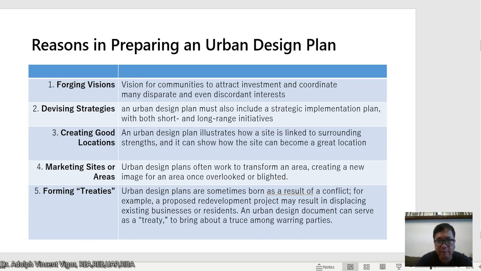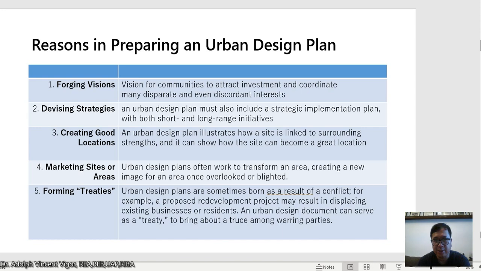So, reasons in preparing the urban design plan. The first is forging visions. So the vision for communities to attract investment and coordinate many disparate and even discordant interests. So when you make an urban design plan, of course, investors could already see the vision towards a certain community or development.